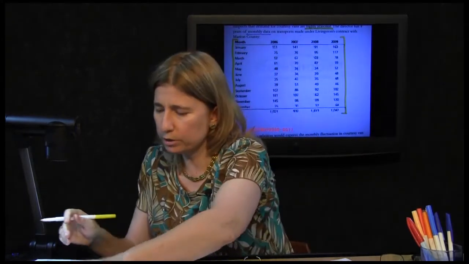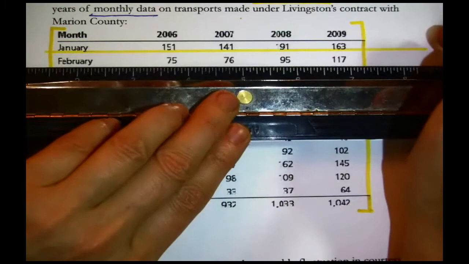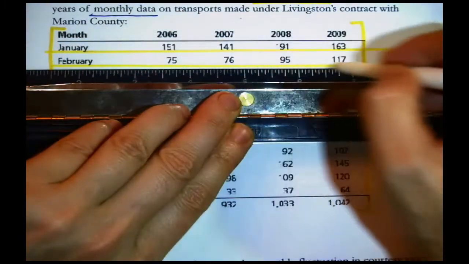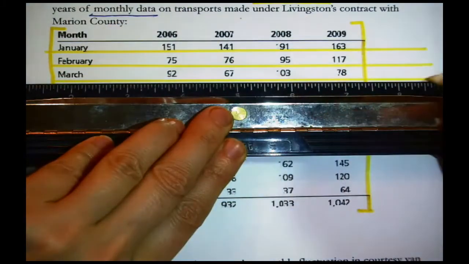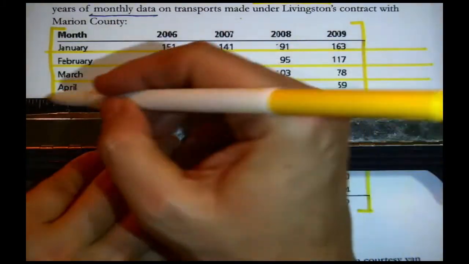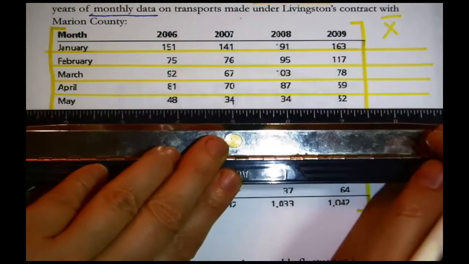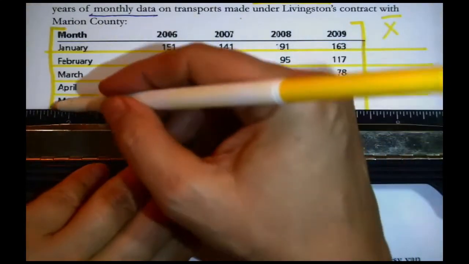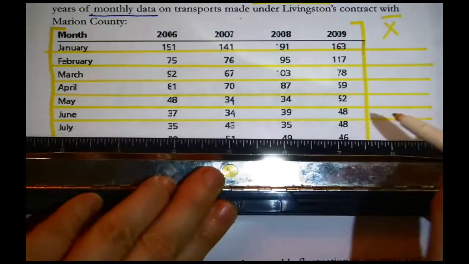So the first thing I'm going to do is to get set up for this work. We need to find the average January, find the average February. I'm just drawing light yellow lines here so that my work stays organized, because it would make sense that I would put these historical average values over here to the right.